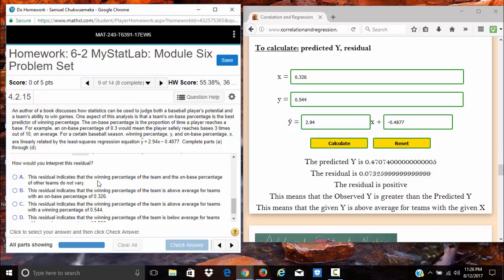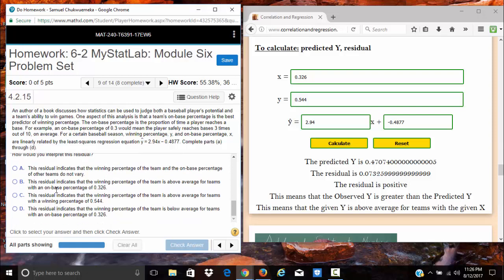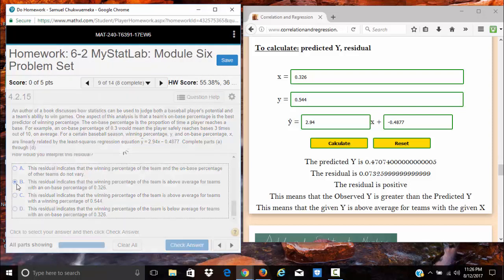So the residual indicates that the winning percentage of the team, A is not it. B, it indicates that the winning percentage of the team is above average for teams with on-base percentage of that given x. That is B. Remember, you have to look at the options very well.